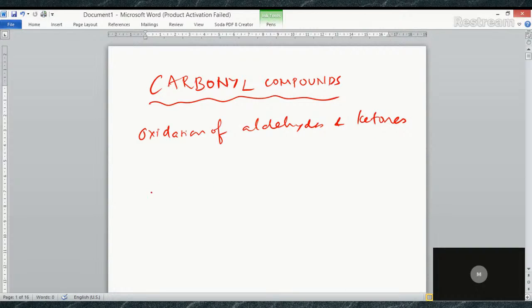If you take an aldehyde like this, CH3CHO, the compound's name is acetaldehyde.